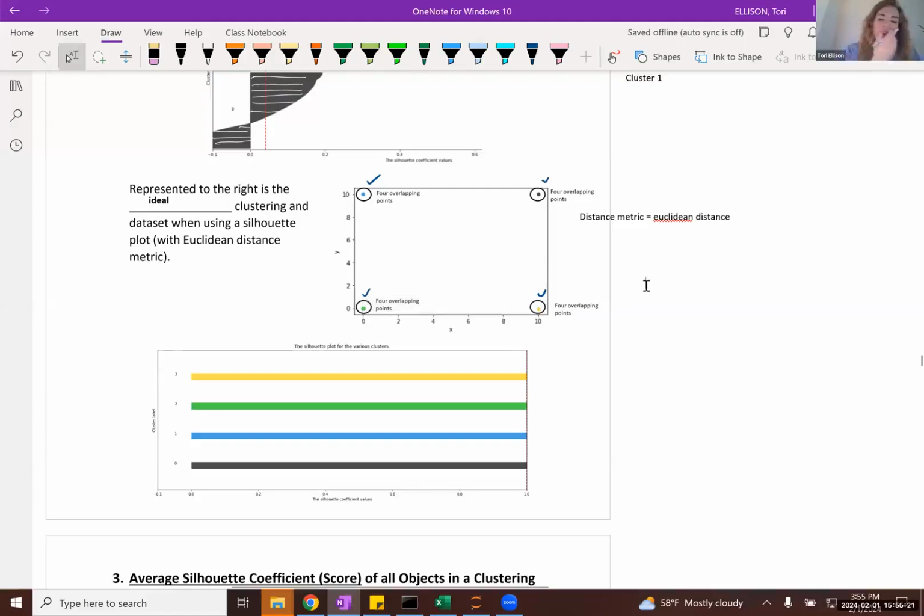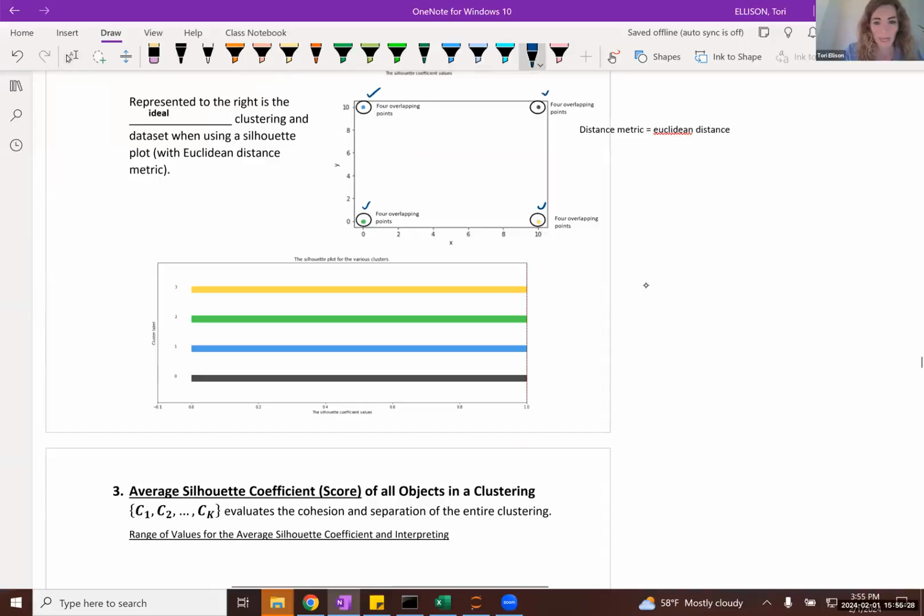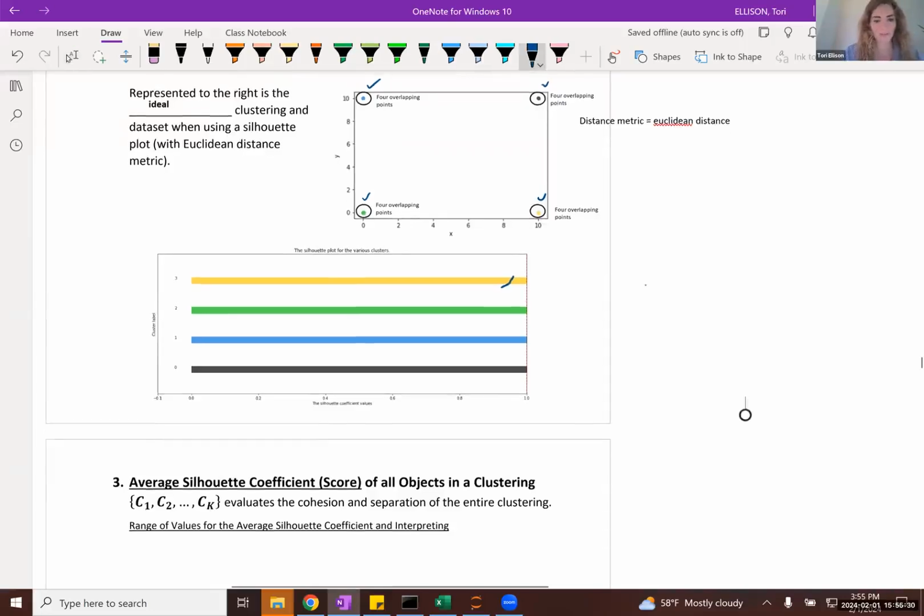Now, more often than not, you're never going to see silhouette plots that look this perfect. But ideally, the closer those values are to 1, the better.